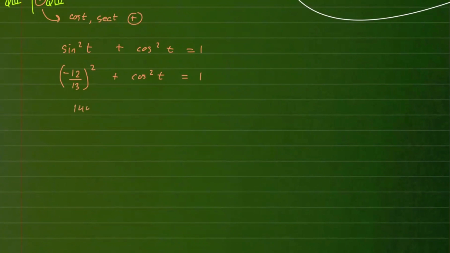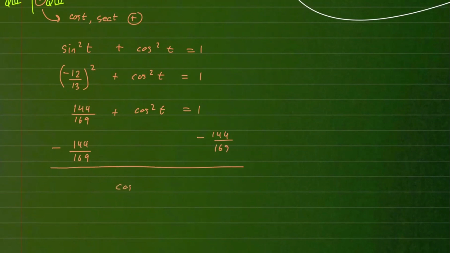There will be 144 over 169 plus cosine squared t is equal to 1. Now, algebraically, I'm going to subtract this value on both sides so that I can isolate cosine squared of t. So this will give us cosine squared of t is equal to 1 minus 144 over 169.